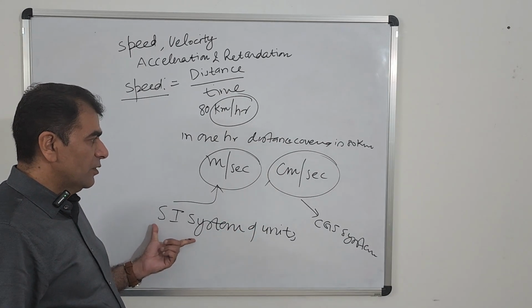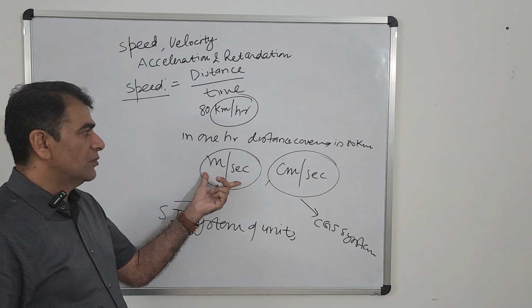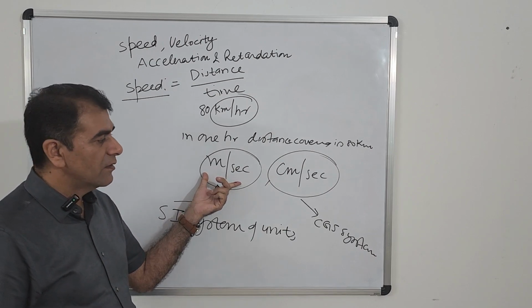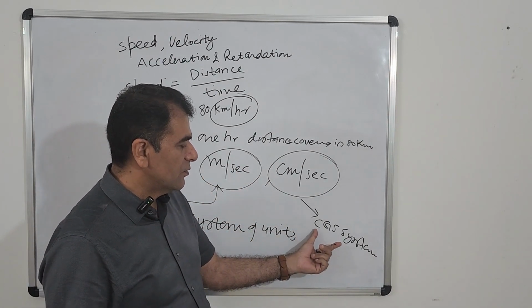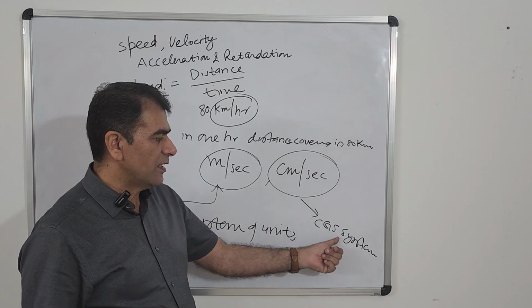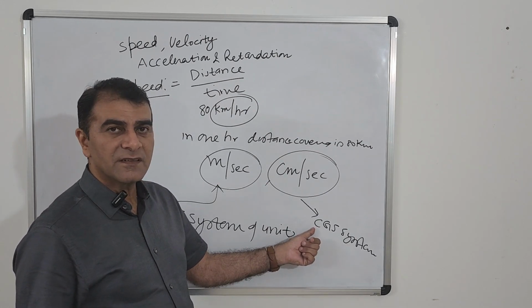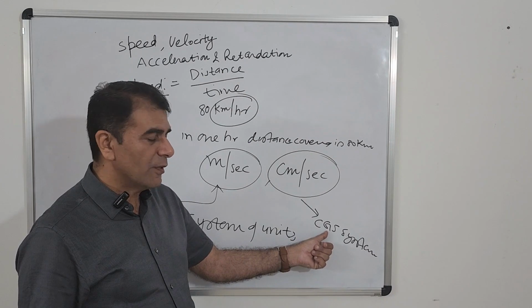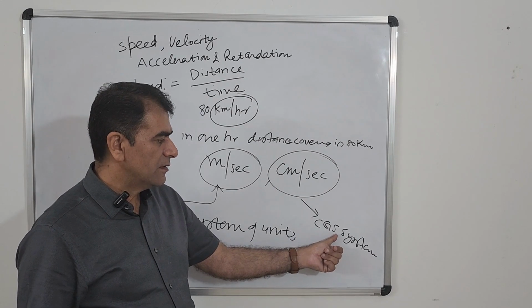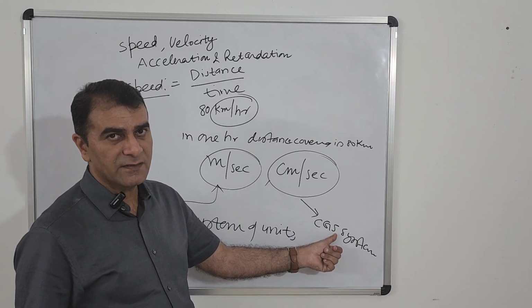So in SI system of units, the unit of speed is meter per second, okay? And in CGS system, CGS is centimeter gram second. So length will be measured in centimeters, mass in grams, and time in seconds.